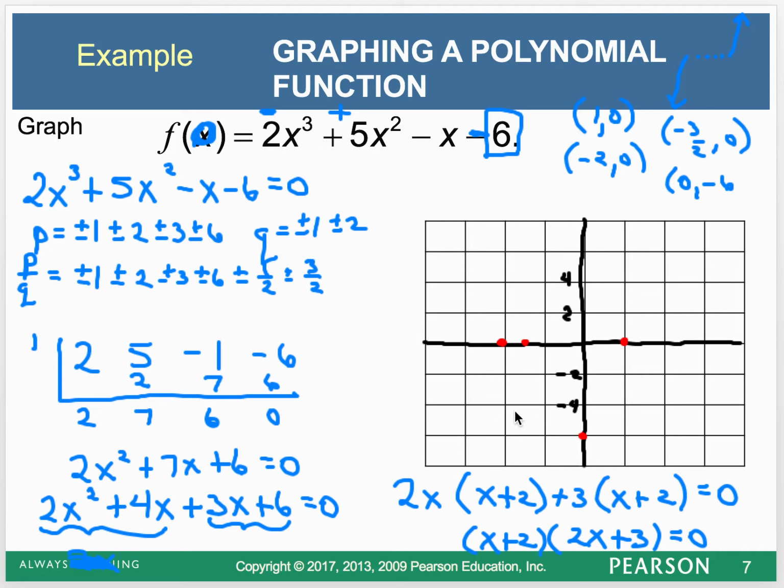Okay, so now my extra points. So one thing I know is on the ends, I know this is doing this, and this is doing this. Okay, all I have to figure out is, does this go through here and turn up? Does it come way down here? Does it come past it? When I get points really close together, it just doesn't have much room to go very high. So that's fine. That's good enough.